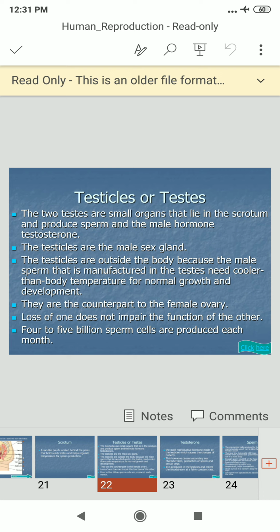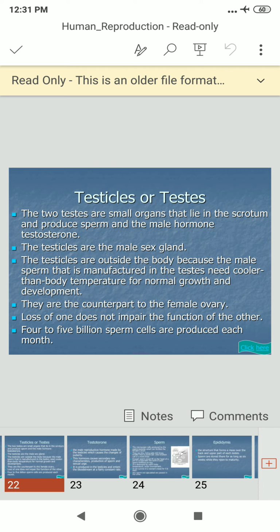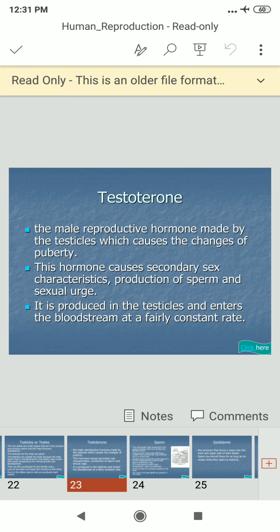The loss of one does not impair the function of the other. 4 to 5 billion sperm cells are produced each month in the testes. Testosterone, the male reproductive hormone made by the testicles, causes the changes of puberty.